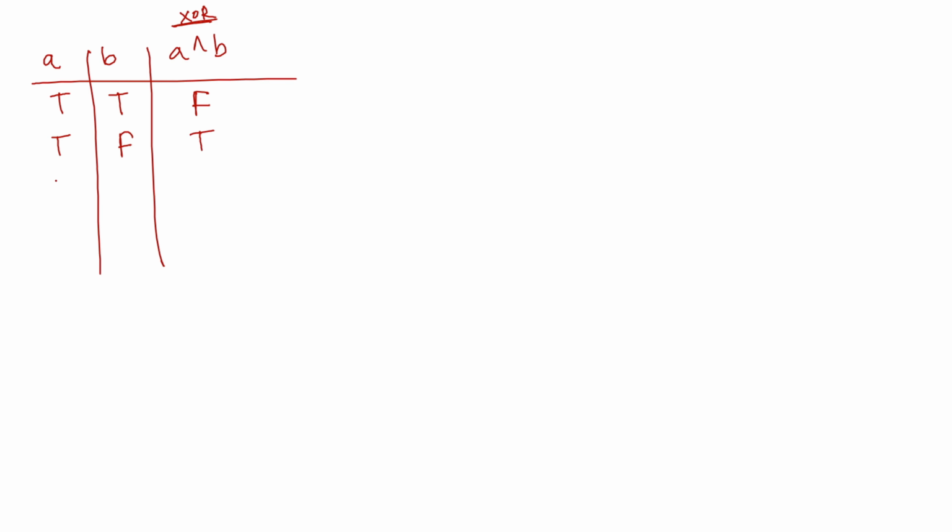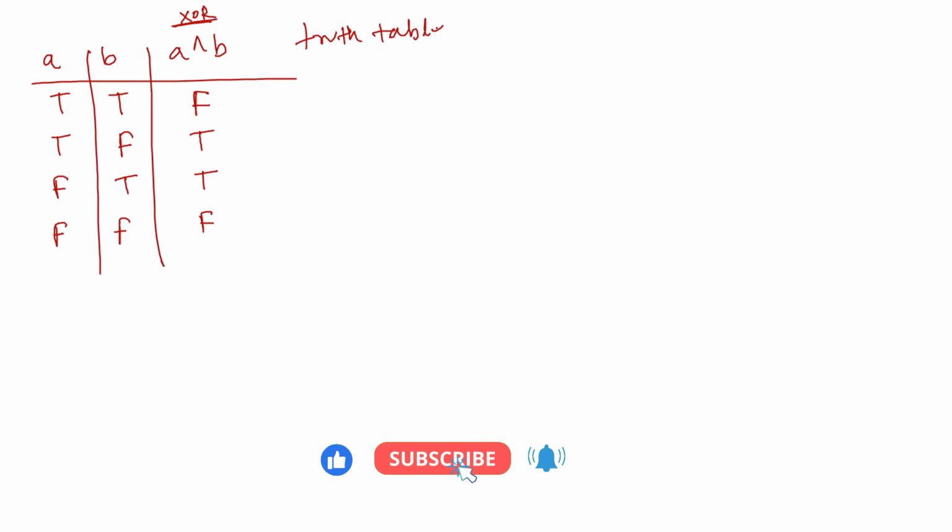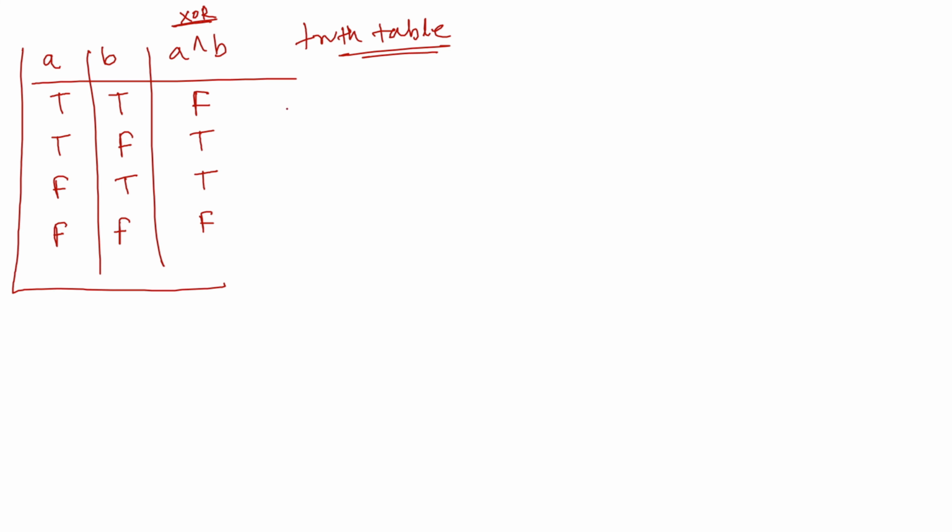If A is false and B is true, then A XOR B is true. If A is false and B is false, then A XOR B is also false. So this is the truth table of the XOR operator.